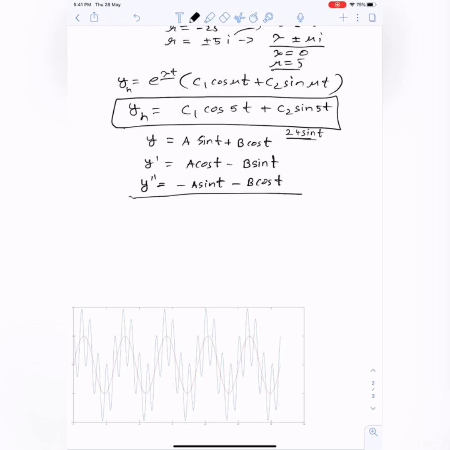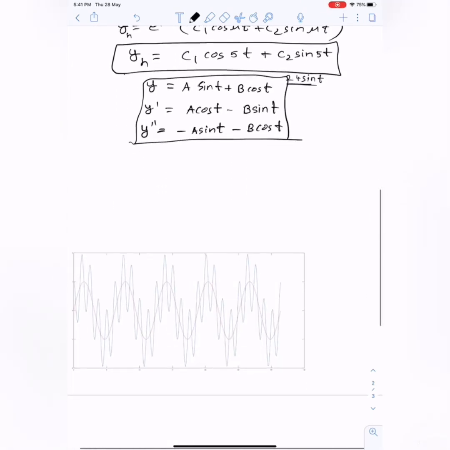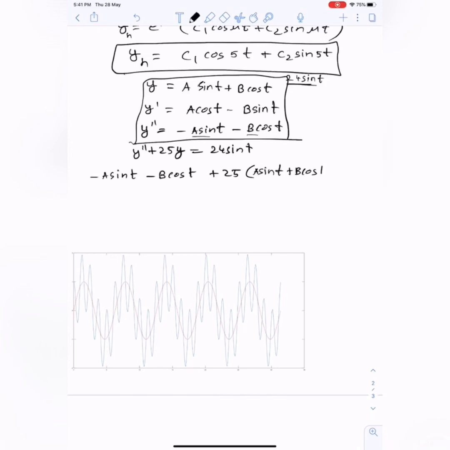So now we have these three values. Let's substitute them back into our original equation. Our original equation is y double dash plus 25 times y equals 24 sin t. So y double dash is minus a sin t minus b cos t, plus 25 times y, which is a sin t plus b cos t, is equal to 24 sin t.